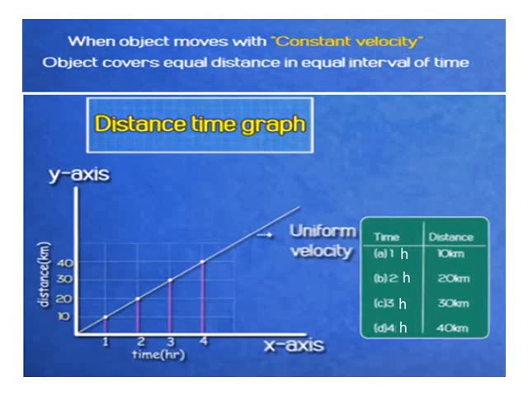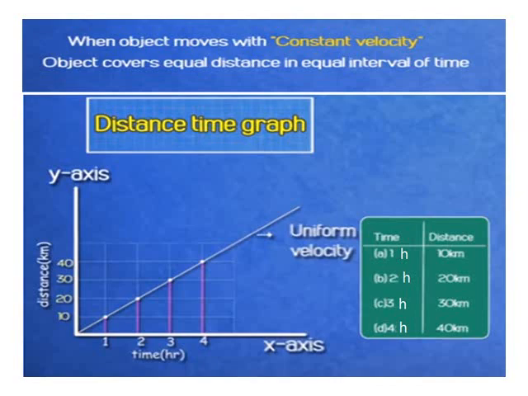Now look at the table which is given in the green. Let us take an object which travels 10 kilometers for the first hour, 20 kilometers for the second hour, 30 kilometers for the third hour, and 40 kilometers for the fourth hour.